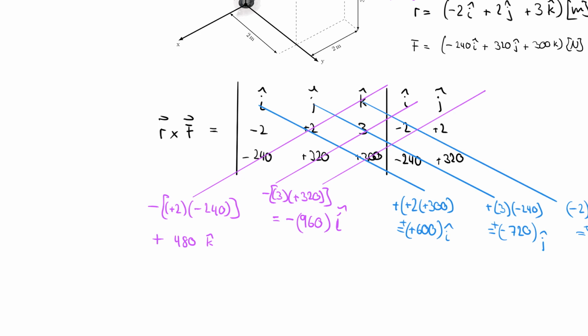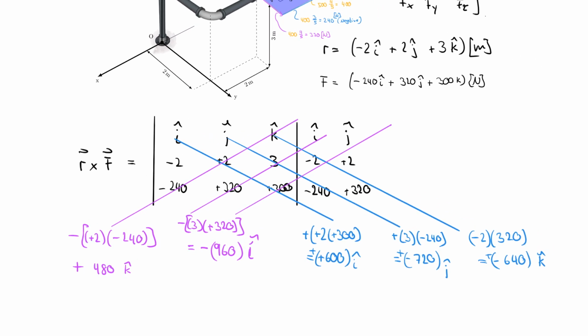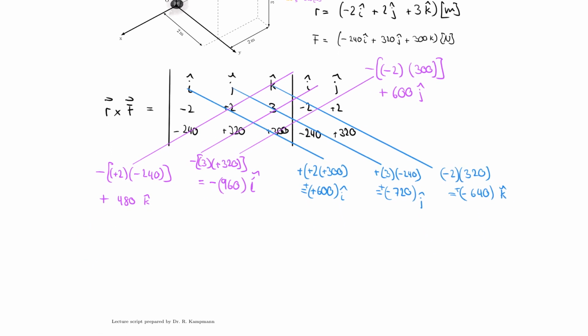And because I don't have room here now, I'm going to use the upwards diagonal here, which is -2, and the whole thing negative as well, times 300. And that means that we're looking at positive 600 J hat.